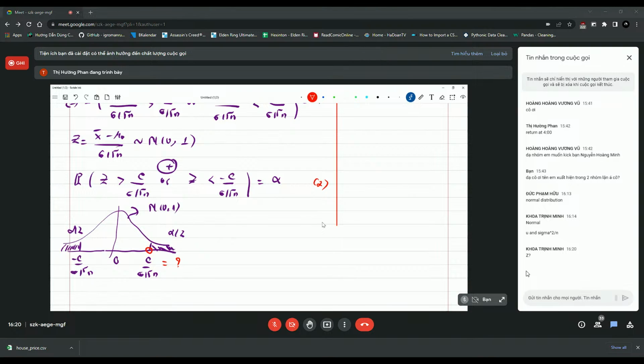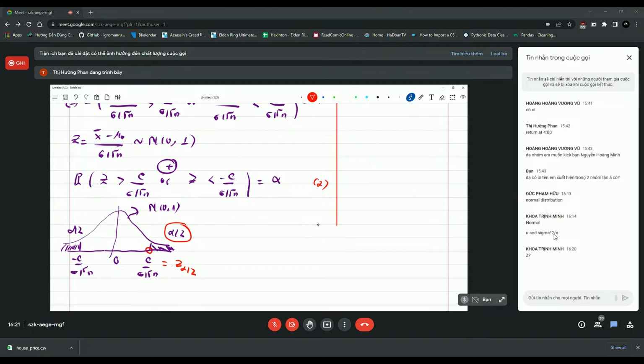At the position such that the probability that Z is greater than this value exactly equals alpha over 2, based on the definition, this is z alpha over 2.